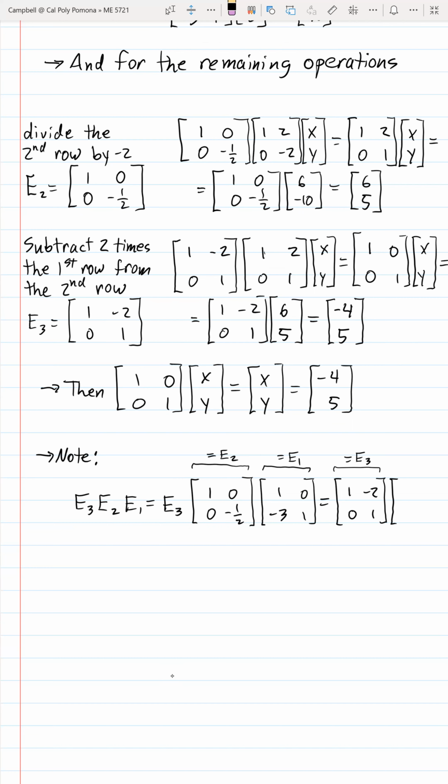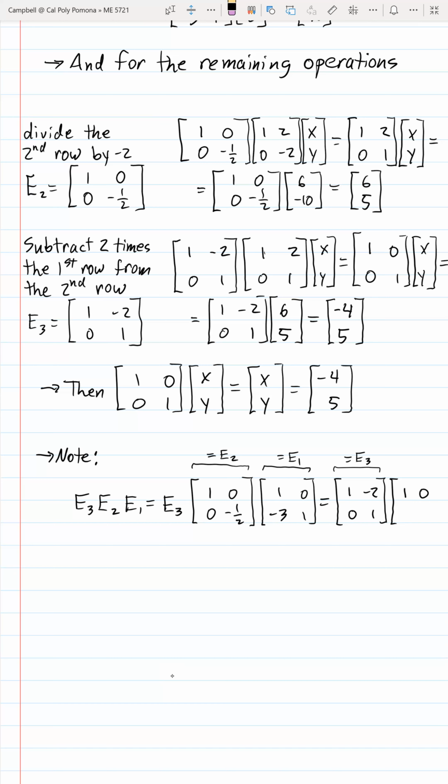So we get 1 times 1 is 1 plus 0 times negative 3 is 0. So clearly, we're just going to have 1. We will have 1 times 0 is 0. We have 0 times 1 is 0. And so 0 plus 0 is just 0. And then for the next row, there we go.